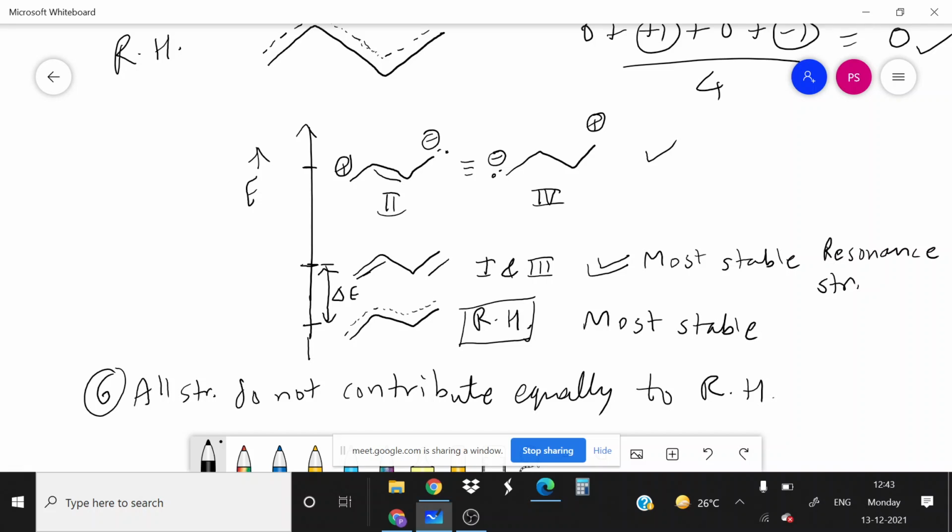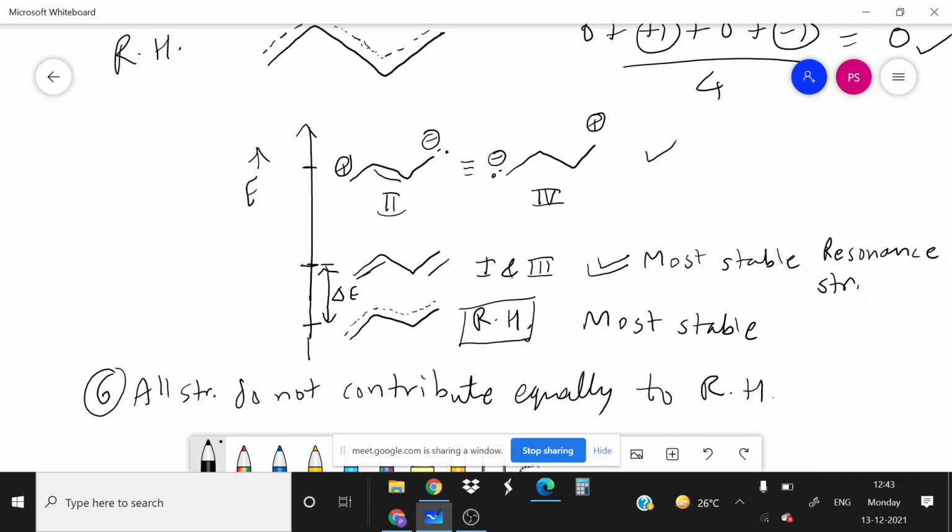More stable structure, contribution is more. Less stable structure, contribution is less to the resonance hybrid. Which structure is stable? First and third. Okay. More stable structures, first and third.